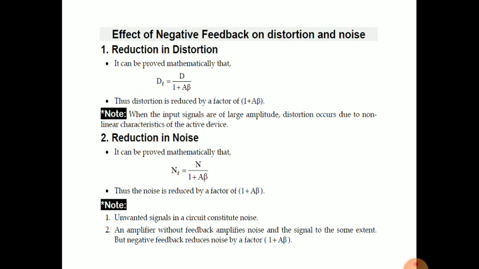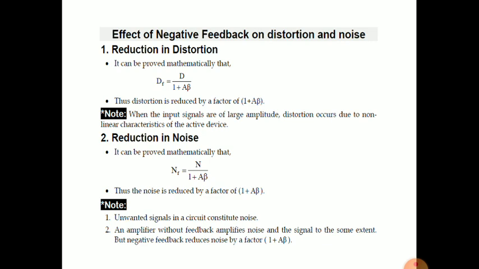You can remember from the previous slides, the gain Af is equal to A by 1 plus A beta, bandwidth dash is equal to bandwidth into 1 plus A beta, and the remaining terms, input impedance and output impedance, either increase or decrease by the same factor, 1 plus A beta. So in the case of distortion also, distortion reduces, but how much? It reduces by a factor of 1 plus A beta.